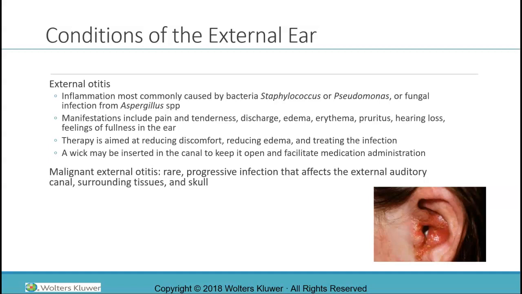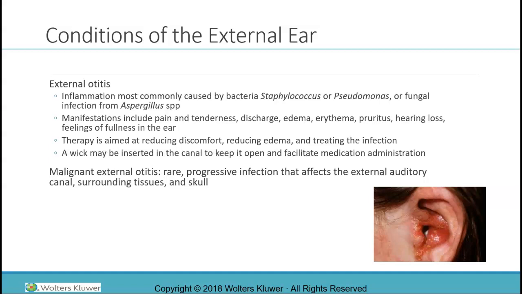Recurrence rate on this is very high, so we want to let people know that even if it starts to feel better, if you're not careful, it could kind of come back with a vengeance. Some things that people can do to reduce the risk or manage the recurrence rate after treatment would be to use earplugs or a swimming cap or cotton balls with a little Vaseline or petroleum jelly on them to prevent that water from sitting on that ear.